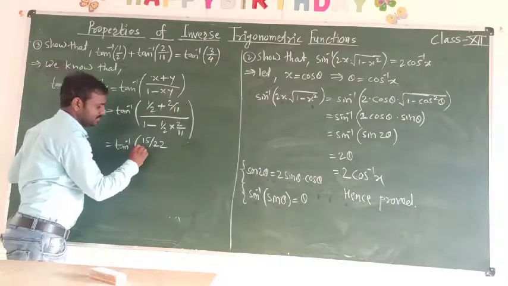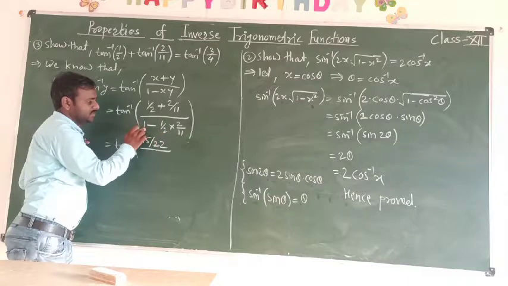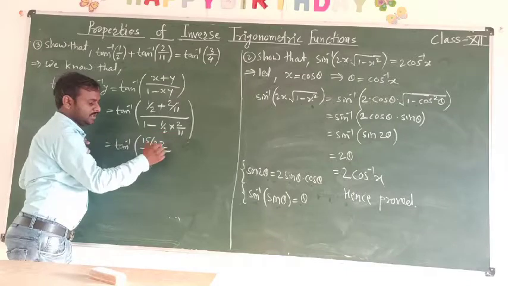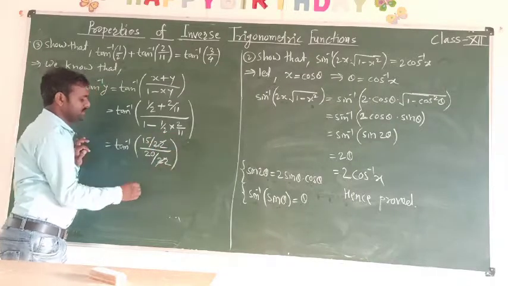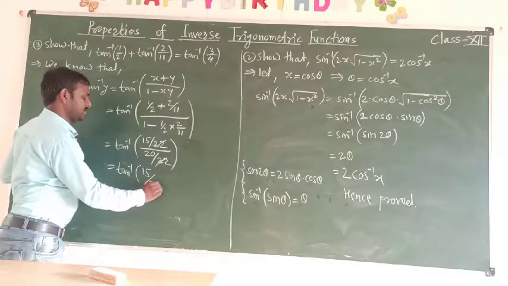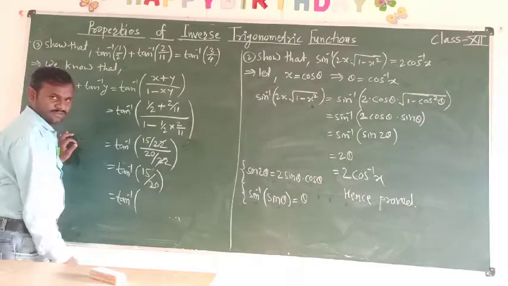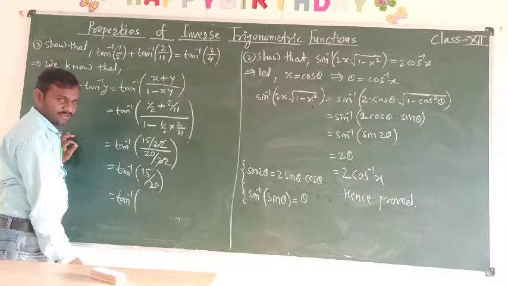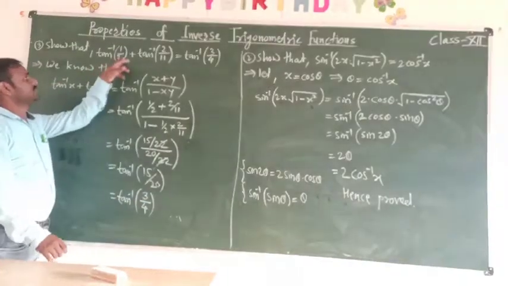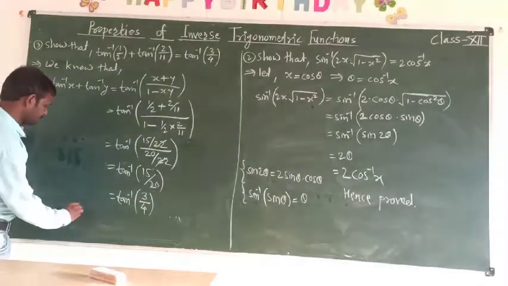The denominator is 1 minus 2 by 22, which is 20 by 22. So we get tan inverse of 15 by 20, and dividing by 5, 5 threes are 15 and 5 fours are 20, we get tan inverse 3 by 4. Hence tan inverse 1 by 2 plus tan inverse 2 by 11 equals tan inverse 3 by 4. Hence proved.